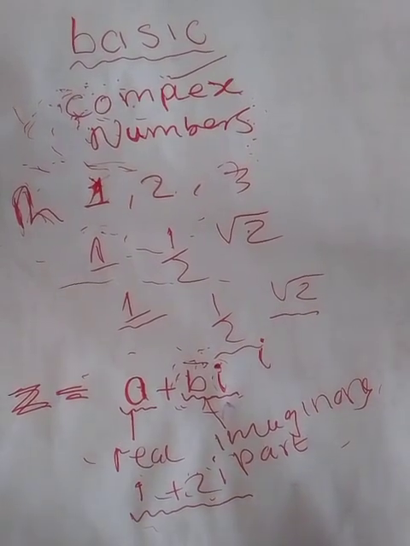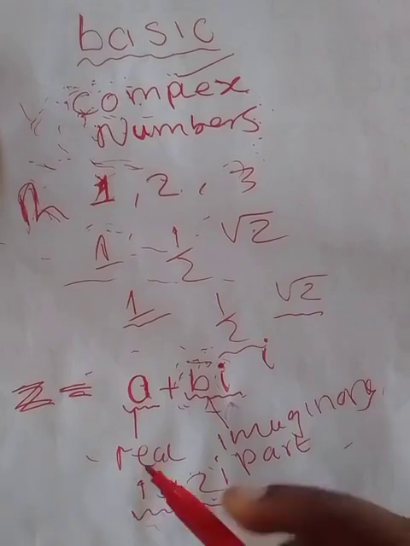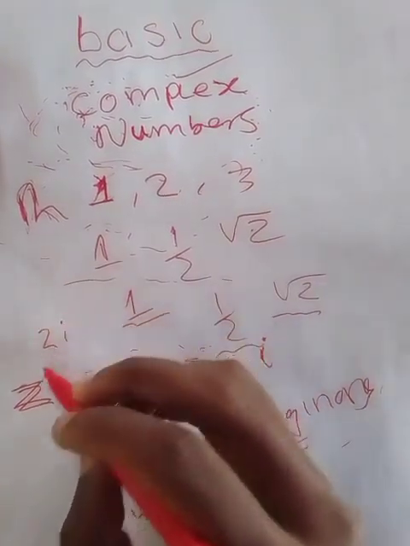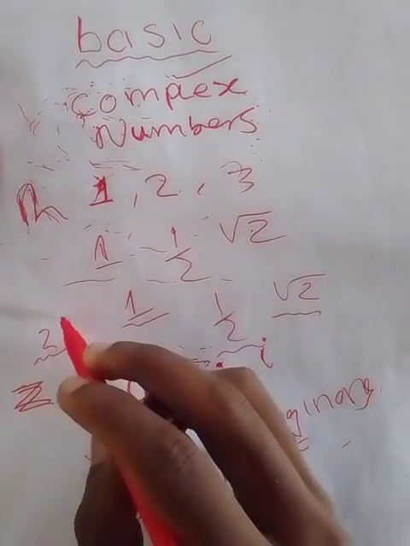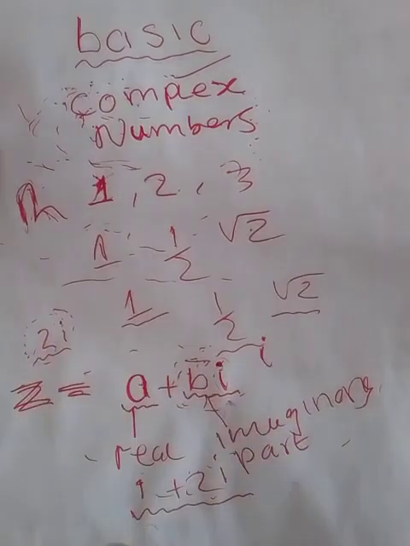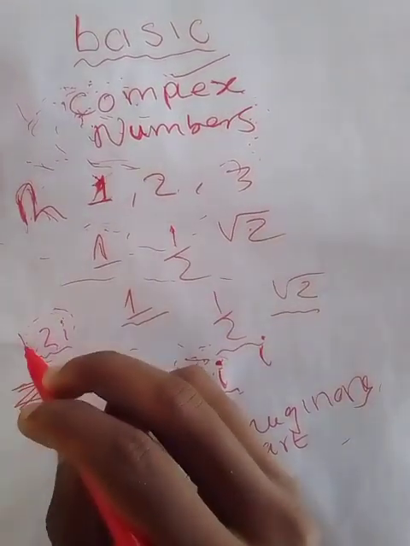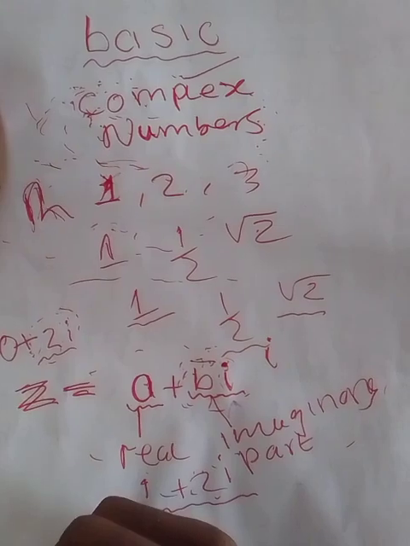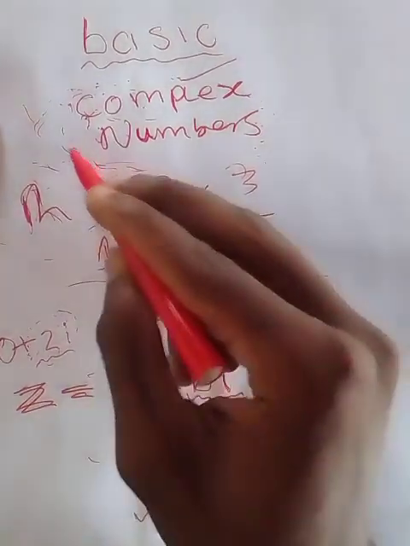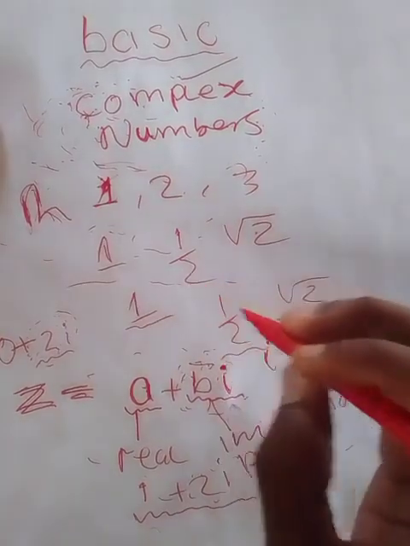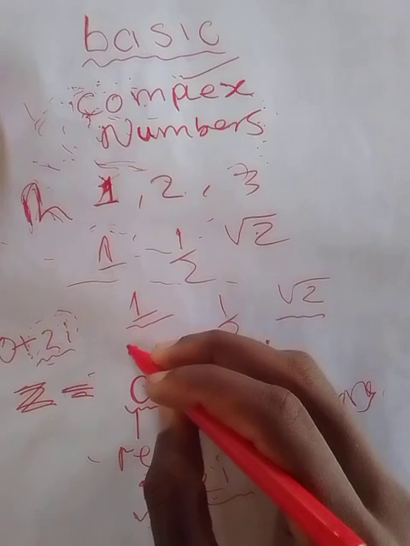Sometimes they'll give you a number like 2i. If they just show you the imaginary part, know that the real part is still there in front. It's just that it is 0. And for numbers which are not complex numbers, behind the scenes they have an imaginary part which is 0i.